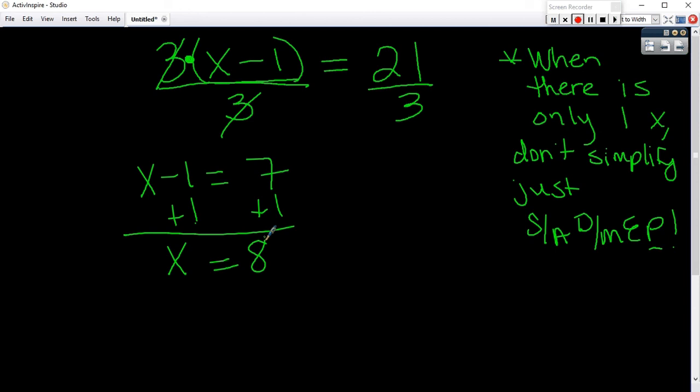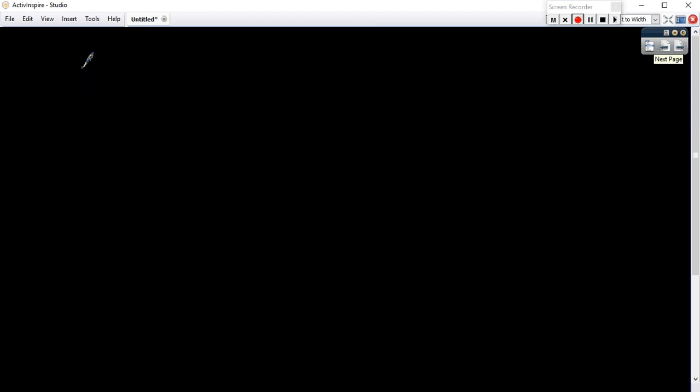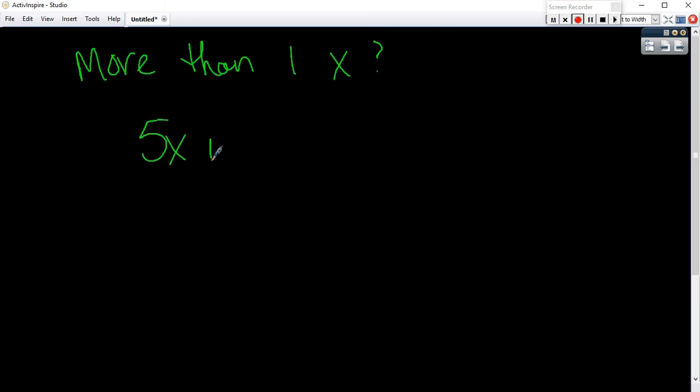Let's set up a scenario. What if you see more than one x in your equation? So maybe it's 5x plus 7 equals 2x minus 3.